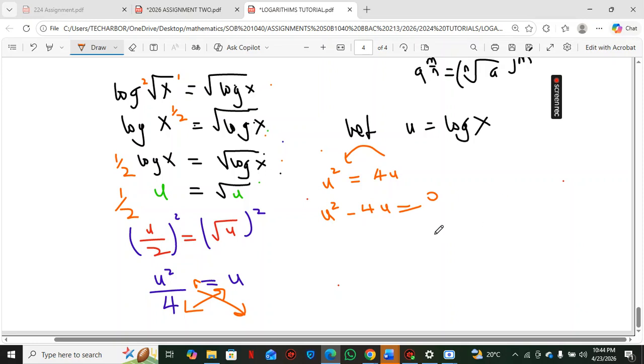Then we solve for u. Since this type of quadratic equation can be done by factorizing, what is the common factor? The common factor is u.